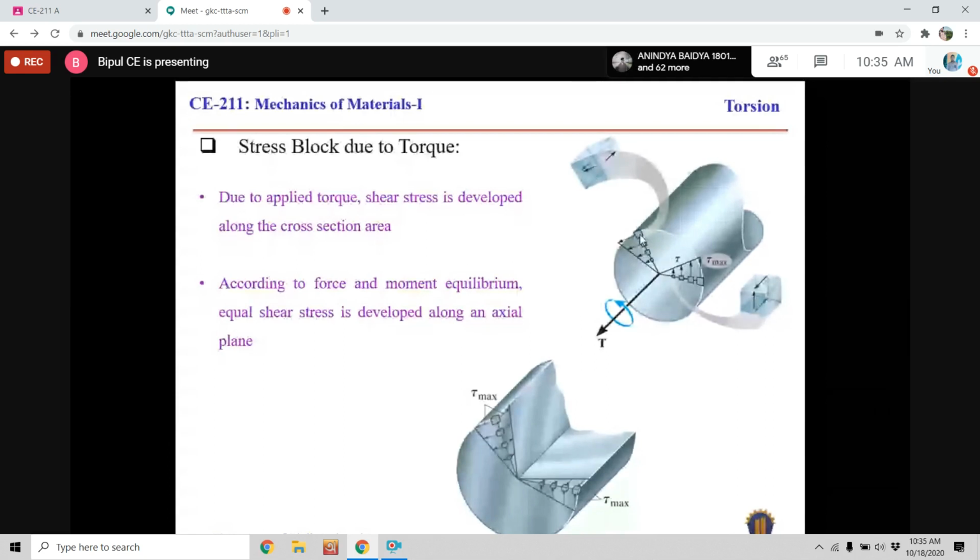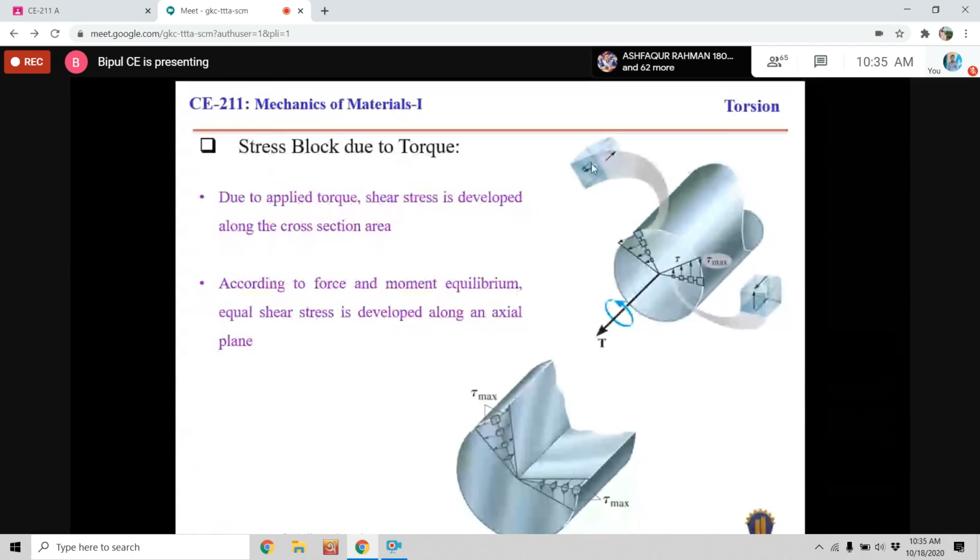Due to the equilibrium condition, the shape of the body before applying force and after applying force will be similar.